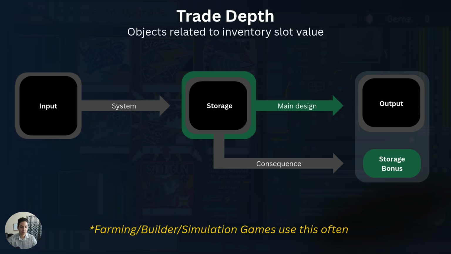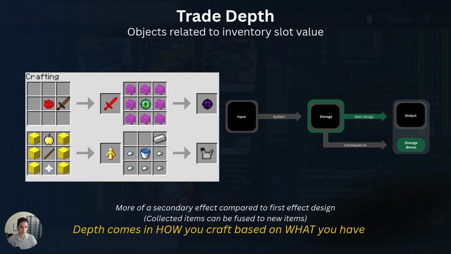And then finally, the last one is what's called trade depth, which is in a game that has any type of inventory or economical system. Think about farming, builder simulations, games that depend a lot on crafting. I think the best example here would be Minecraft, right? Where your objective is you collect items, and that's just what it is. You do attacks, you chop up wood, right?